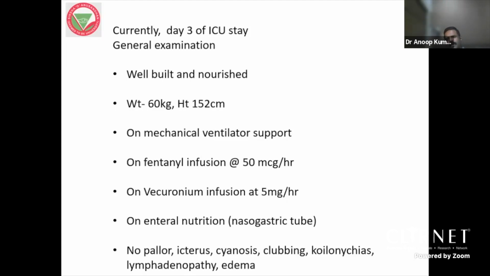Okay. Any other methods of PEEP titration other than PEEP of best oxygenation you told? Other than that, any method by which you can titrate the PEEP? One is the ARDSNet FiO2-PEEP titration method. Okay. There is driving pressure.